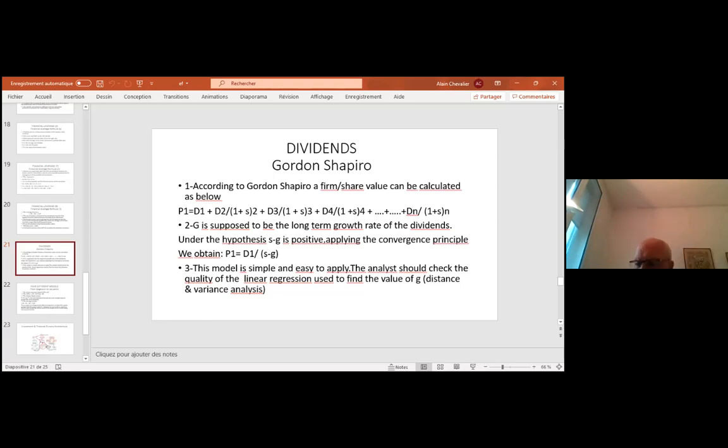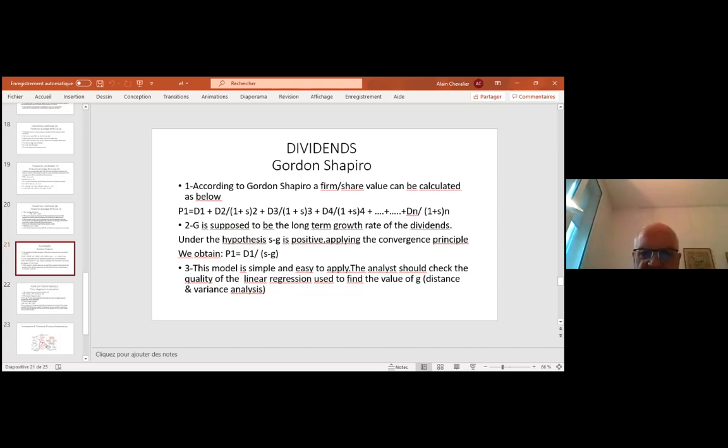We probably made that kind of analysis in your statistics course. This is a problem of distance to the regression line, but also of variance analysis.